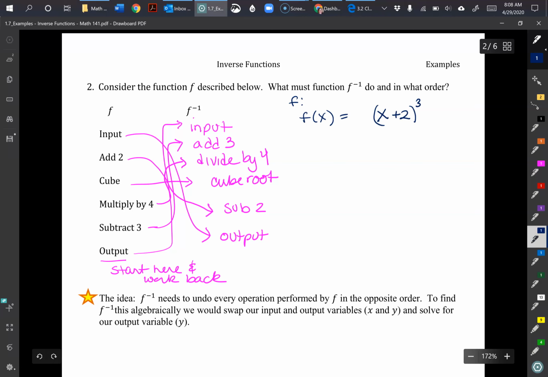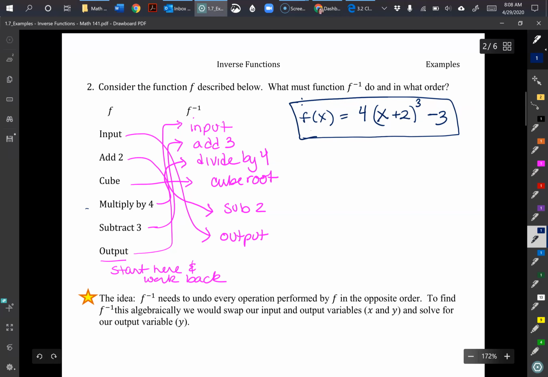Not just the 2 or just the x, but add 2 and then cube what's there. Then I'm going to multiply that whole thing by 4. Then from that whole expression, I subtract 3. And that is my output, that entire thing. Then I would get my f of x.